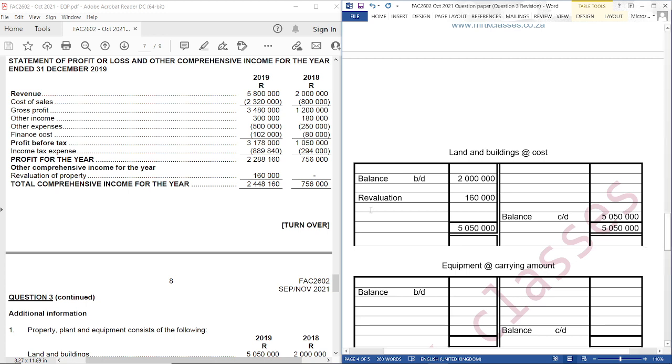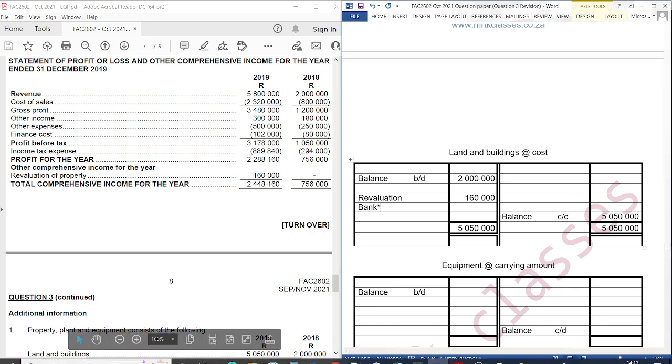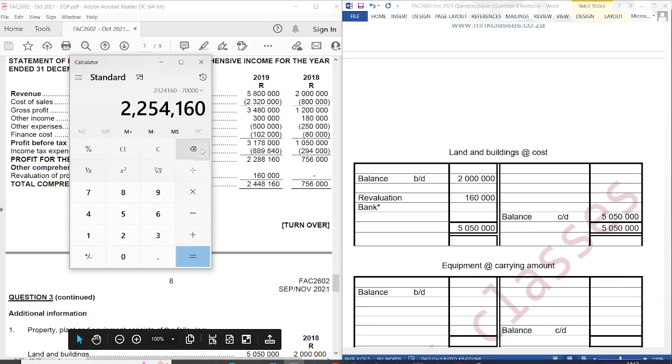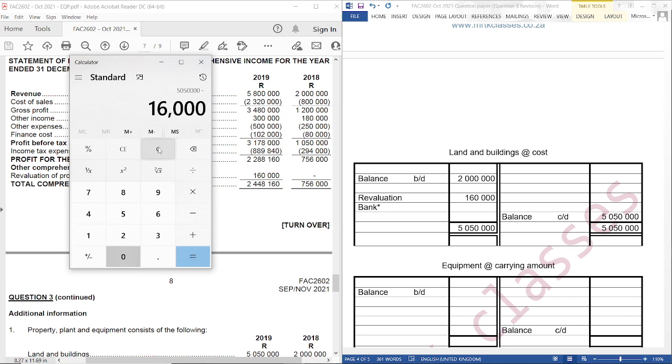Okay, we can see that there is something here. Okay, 5,050,000 subtract 160,000 subtract 2 million, right? 2,890,000. 2,890,000. Then we take this amount, right?